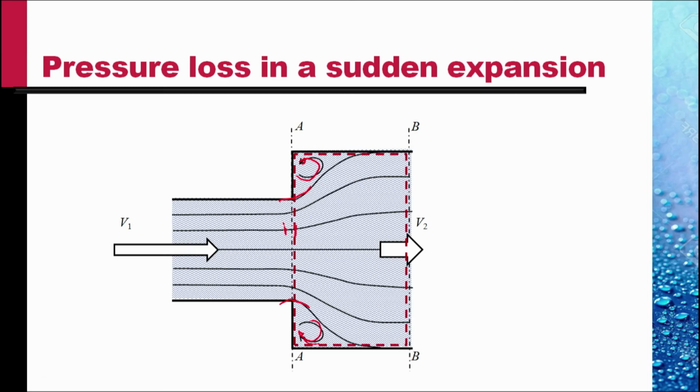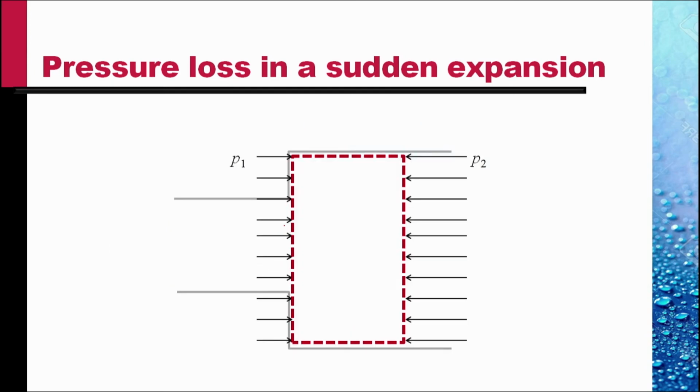Let's take a control volume like this. We draw the picture of this control volume and the forces. Because the velocity does not change at location A, the pressure all across at section AA would be P1 and all across section BB would be P2.